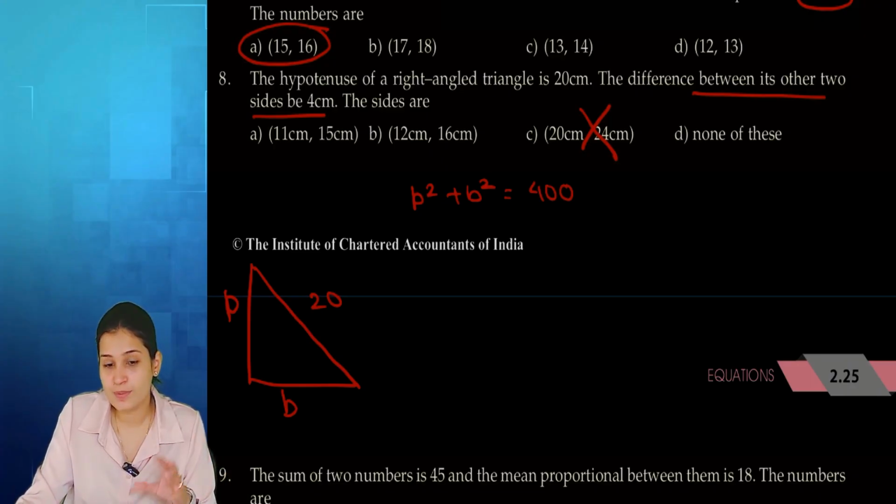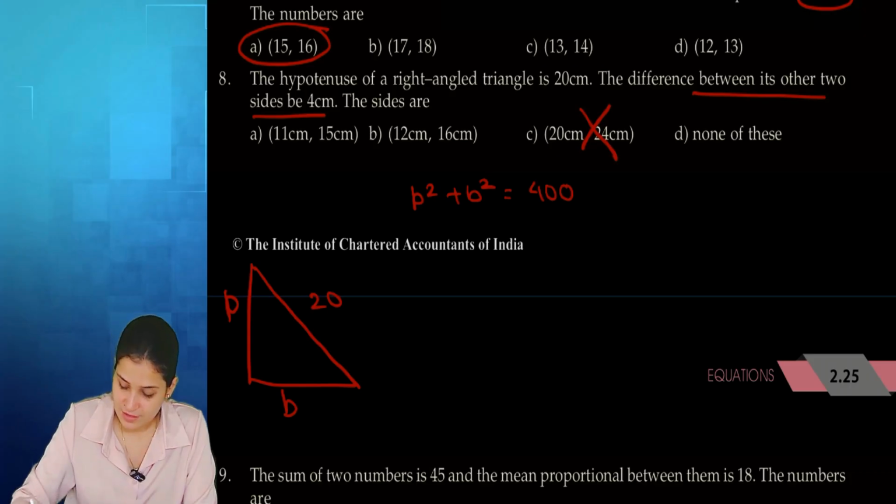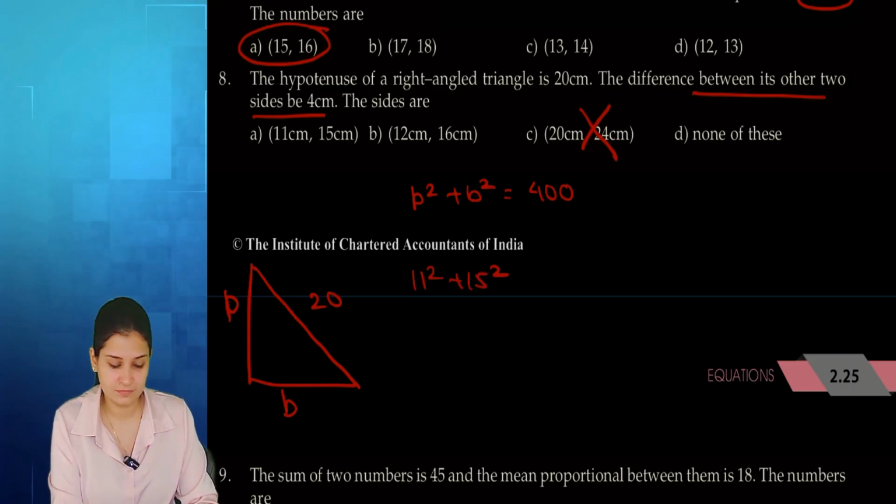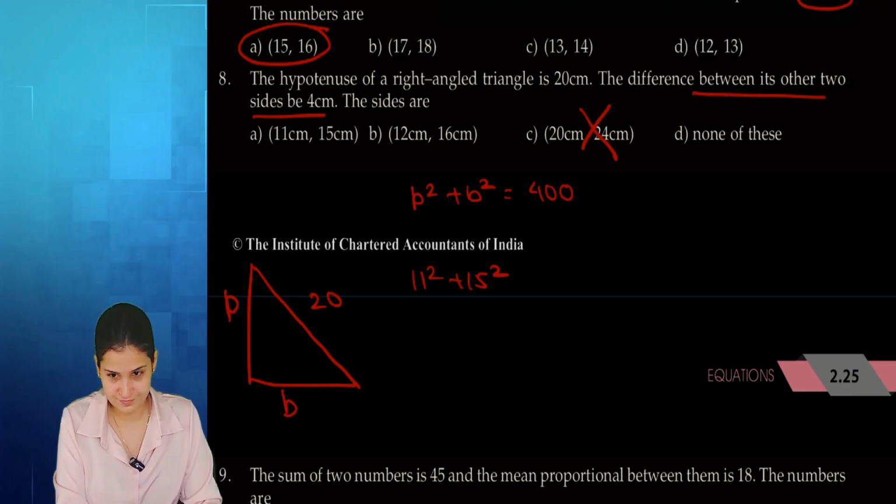So now for option A and B, check. Does 11 square plus 15 square give you 400? No, ma'am. It gives us 346. This is wrong.